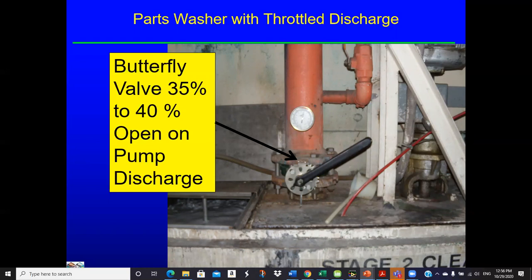Those nozzles have a certain pressure that they want to see upstream, and that's why that pressure gauge is there. So when they turn this pump on initially, they look at that pressure gauge and go, oh no, that's too high. And that's typical because the pump's a little bit oversized. So then they start closing that valve, and that's a pressure drop, until they get the pressure that they want on this gauge, and then they lock the valve down.